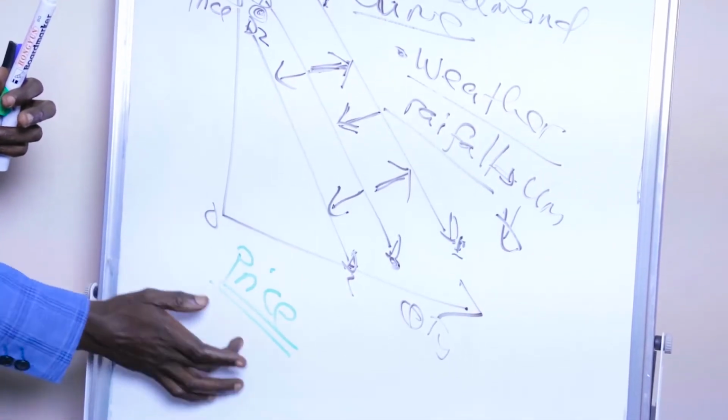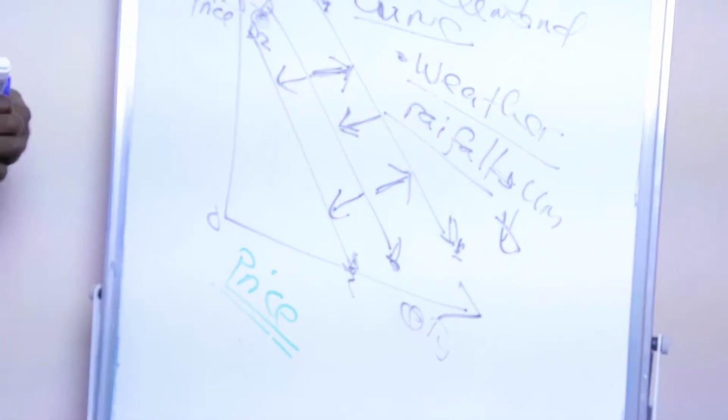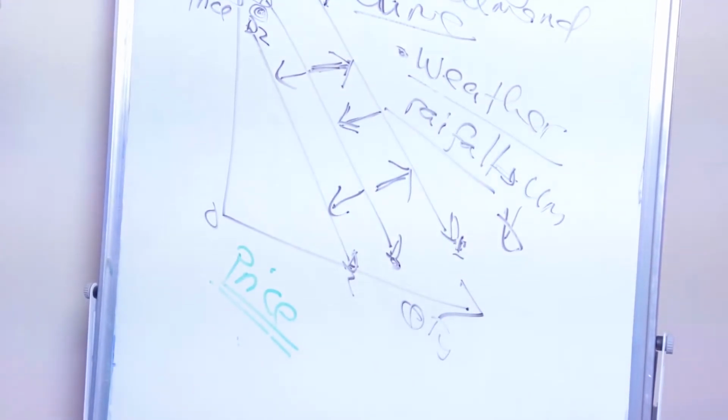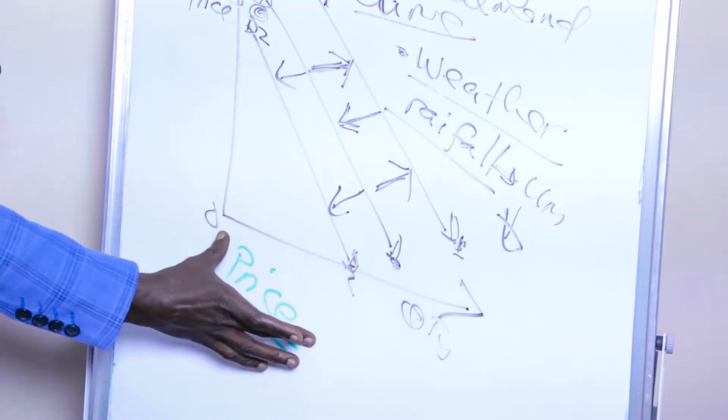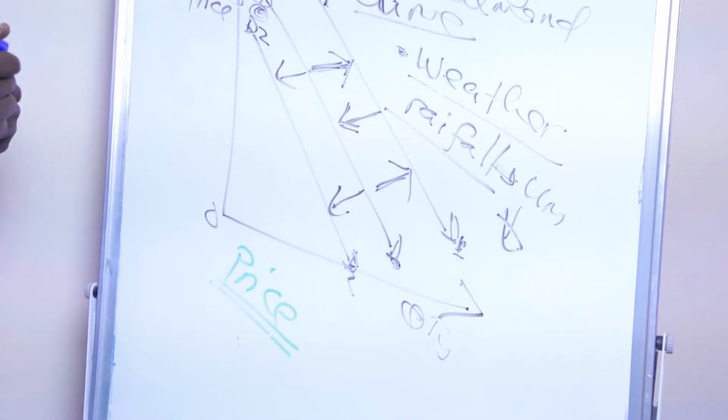Only the price of the commodity will determine how much a consumer will purchase in the market. So we assume that other factors are constant. Only the price of the commodity will influence the quantity to be purchased by the consumers in the marketplace.